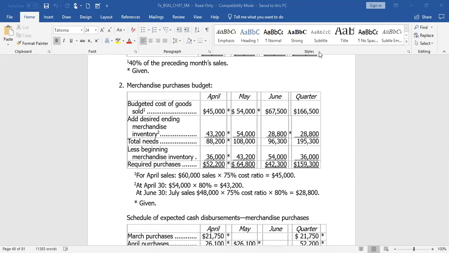Now, if we add the budgeted cost of goods sold for April, the cost of the items that were sold, plus the cost of the goods that would still be in inventory at the end of each month, that tells us how much inventory we need in total. So just add your budgeted cost of goods sold to your ending merchandise inventory amounts.